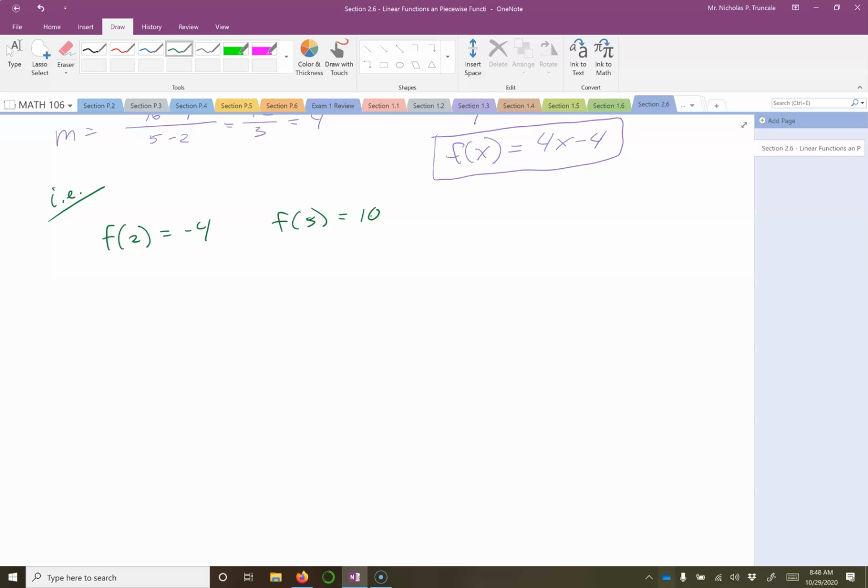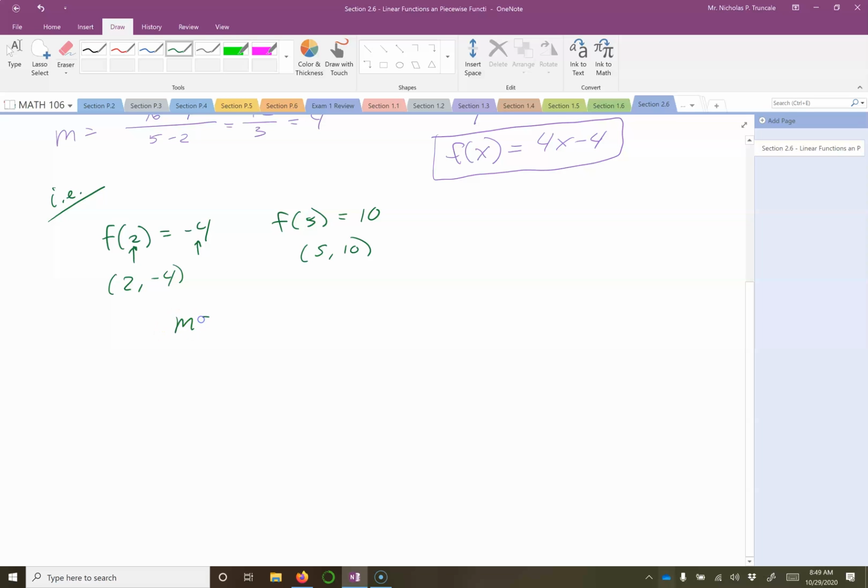The points are going to be 2 comma negative 4, because this is the x value, and this thing, negative 4, is the output of the function, which is the y value. And then we could do the same thing for f of 5 is 10. All right, now it becomes a section 2.3 problem. I've got 2 points. I want to write out the equation of a linear function. So it's the same step as 2.3, so you're getting some extra review here.